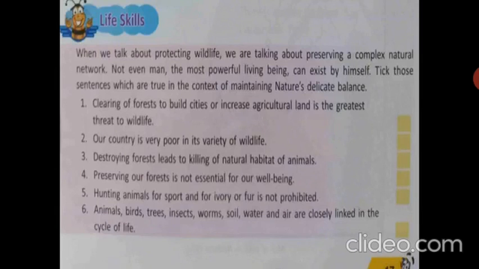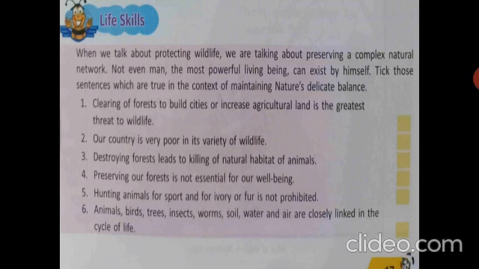And what are life skills, students? When we talk about protecting wildlife, we are talking about preserving a complex natural network. Not even man, the most powerful living being, exists by himself. Take those sentences which are true in the context of maintaining nature's delicate balance.